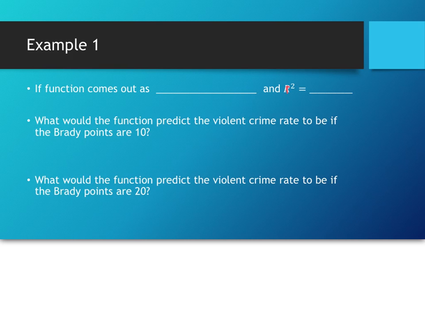But I got back an r squared of 0.9250, roughly. It goes on for a long time. And I got a function that looked like y is equal to 21.65 times x plus 3.59.